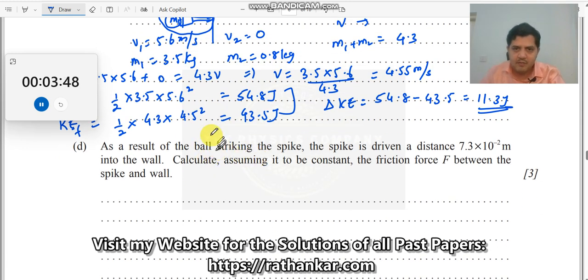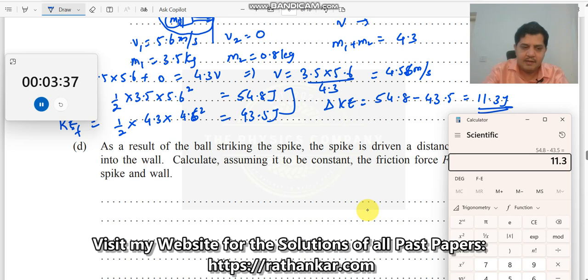Let us find out what answer I get here. V is equal to 4.5, I'm sorry, this is 4.56 you get here. Approximation will give you 4.6. So if I do this, I get 4.3 times 4.6 times 4.6 divided by 2, which will be 45.49, which is 45.5.